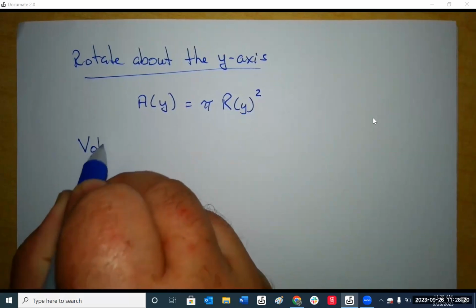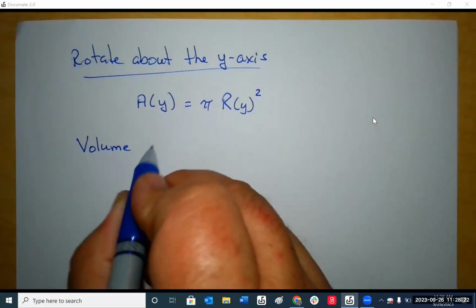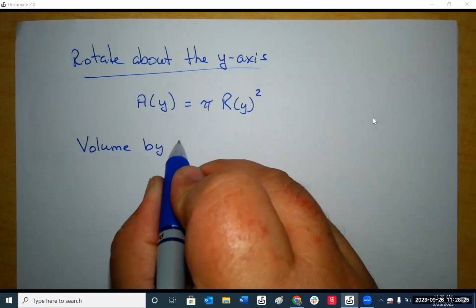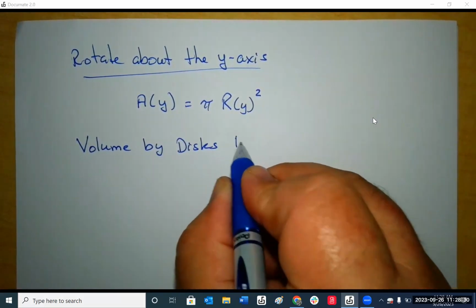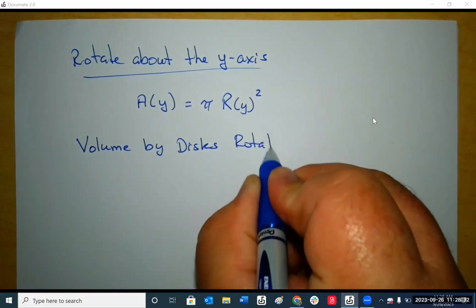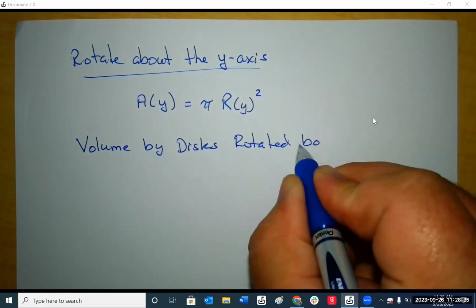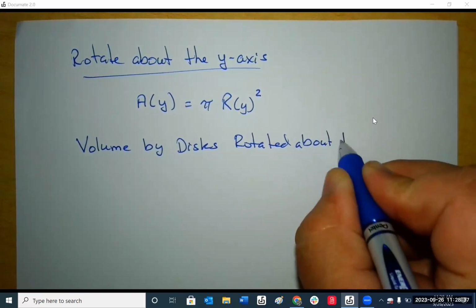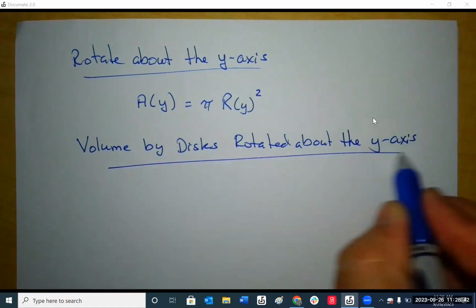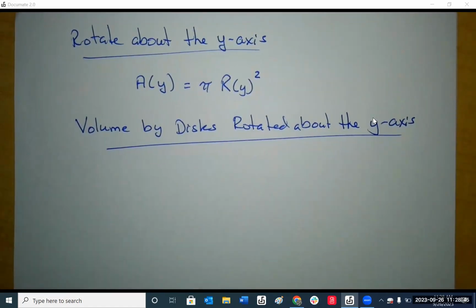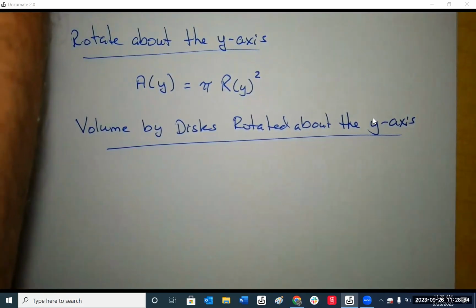Now we're looking at the volume by disks rotated about the Y axis. Just treat it the same way you did, but instead of treating it with respect to X, treat it with respect to Y. Let's look at this one.